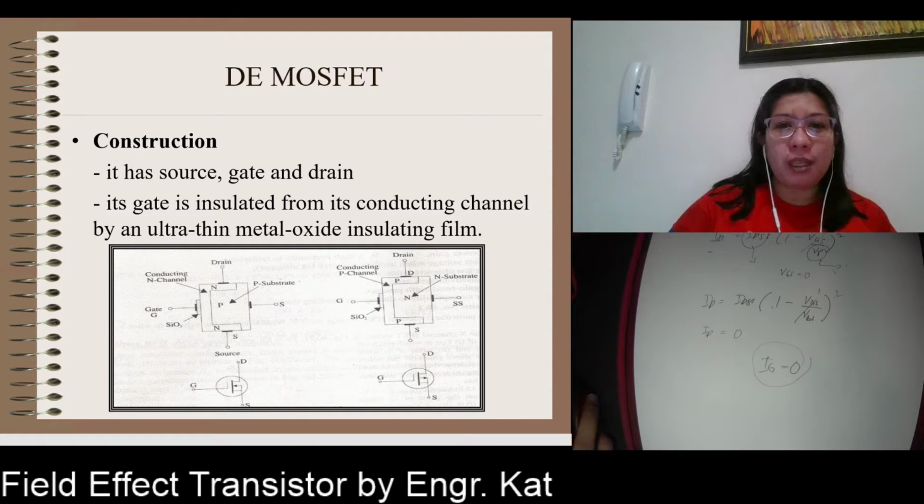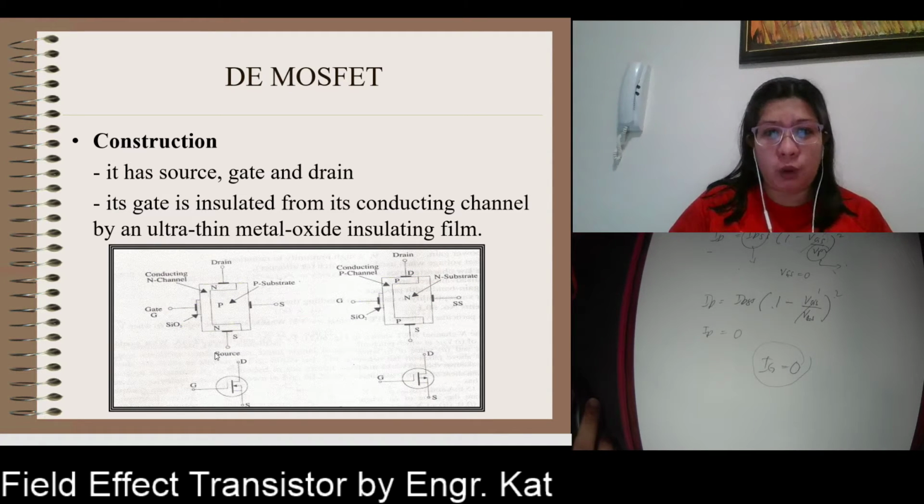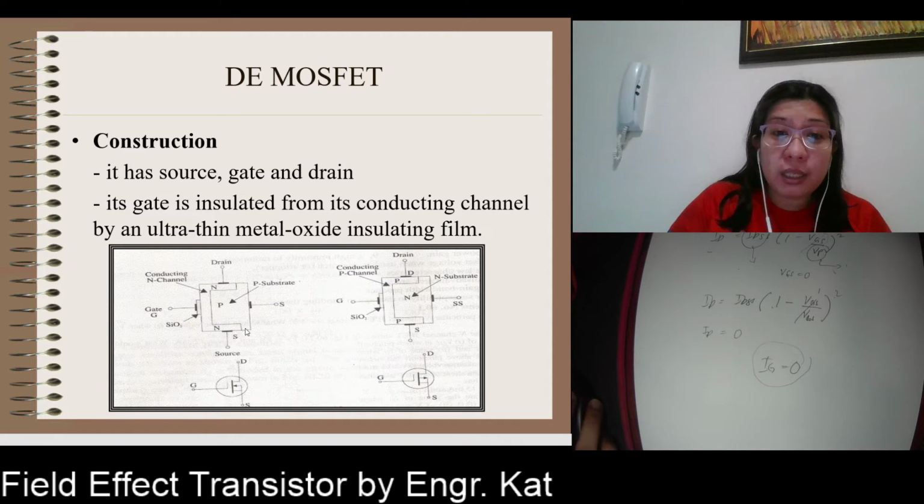So this is how it is constructed. Why normally on? Because even though we don't have VGS here, there's still a complete path from the source going to the drain.